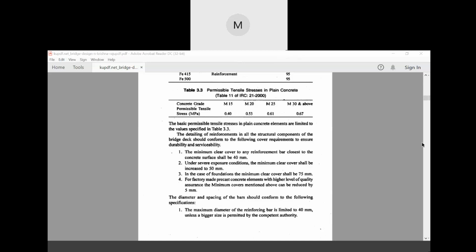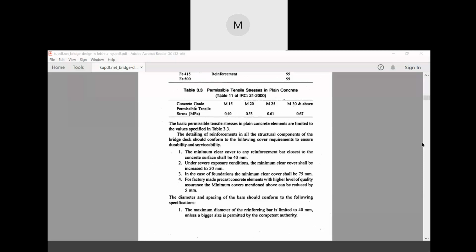If you see the slide, the minimum clear cover for any reinforcement bar closest to the concrete surface shall be 40 mm. Now, under severe exposure conditions, the minimum clear cover shall be increased to 50 mm.